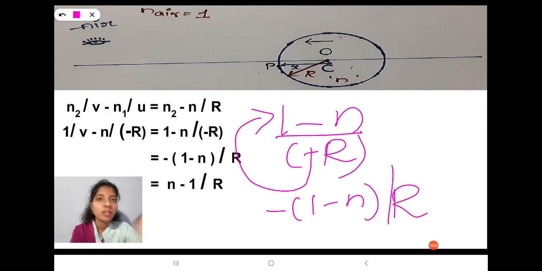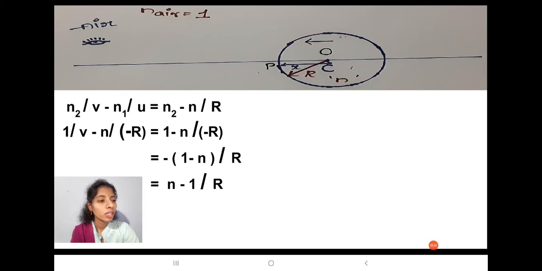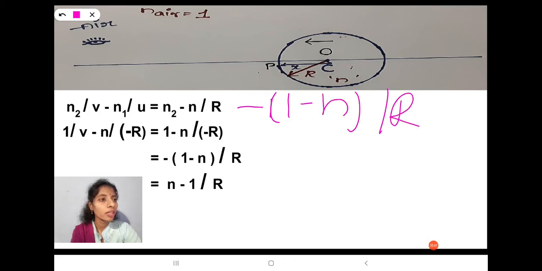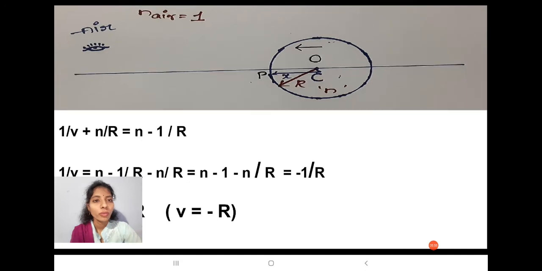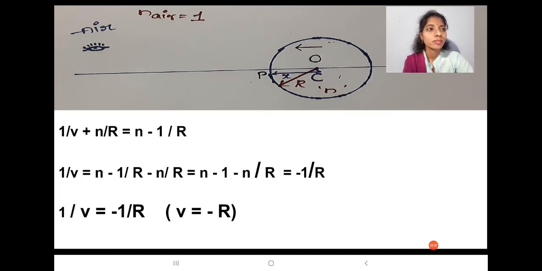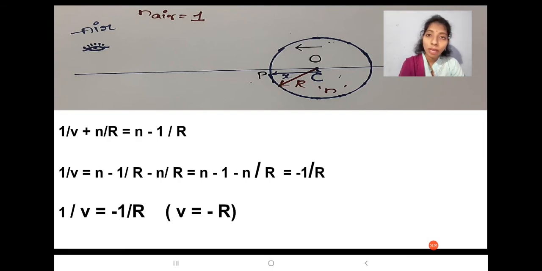So this will form as minus of minus n by R, which is plus n by R, equals 1 minus n by R. So we can write 1 by v plus n by r equals 1 minus n by r.